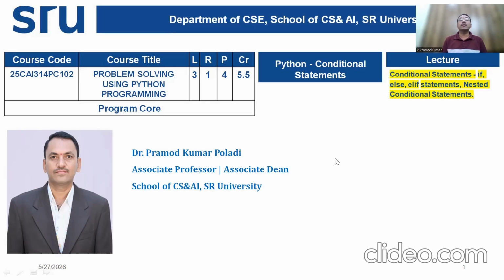Otherwise, you will say that the number is a negative number. So to decide whether the given number is positive or not, you are making use of a certain condition. That condition must be written in a special statement. Such a statement we call a conditional statement. Now we will discuss what conditional statements are available in Python.